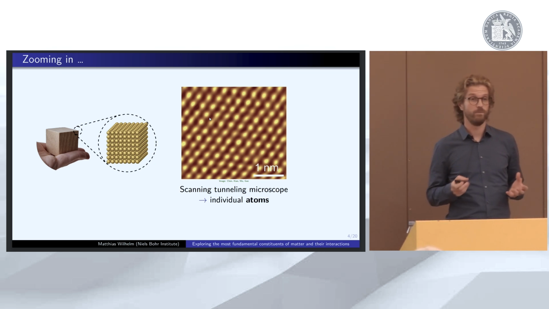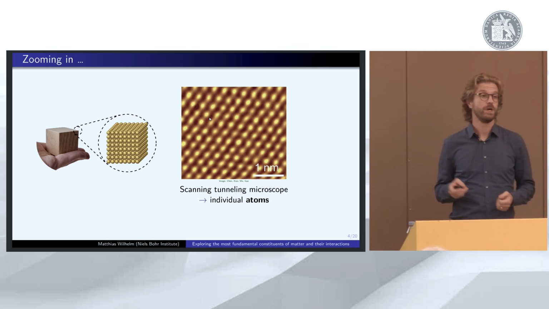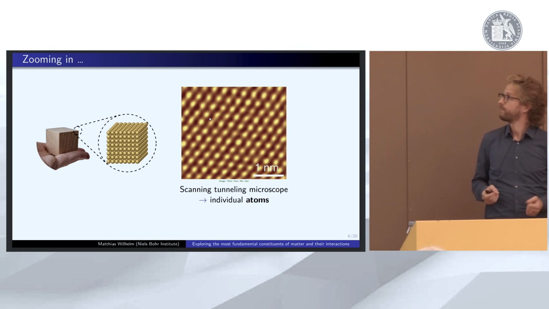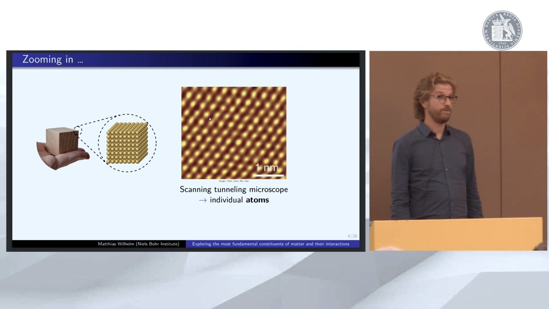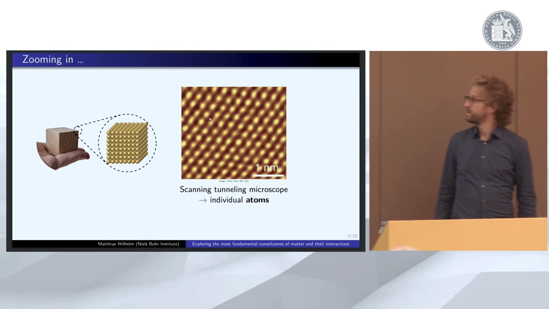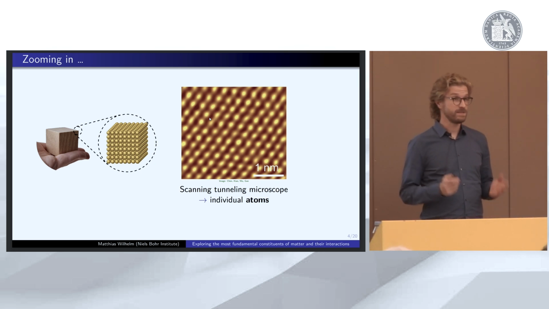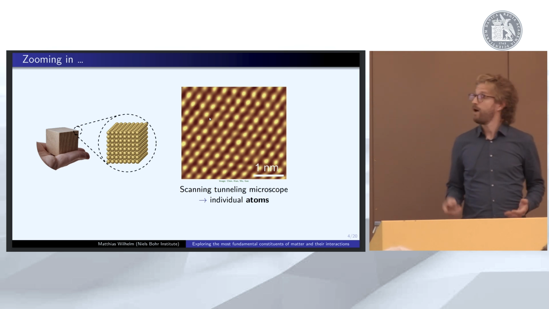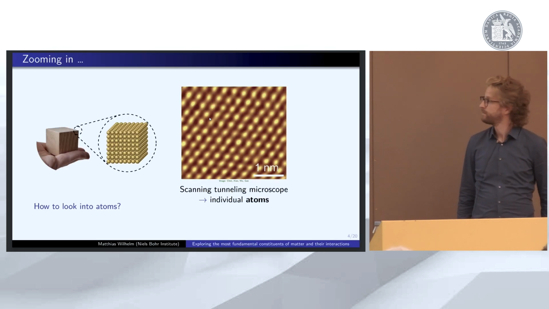The Greek word atomos, from which the atom is derived, means uncuttable. And the idea that all of matter should be made from tiny, uncuttable pieces goes back to many different ancient civilizations. However, atoms themselves are cuttable. But how can we look into this?